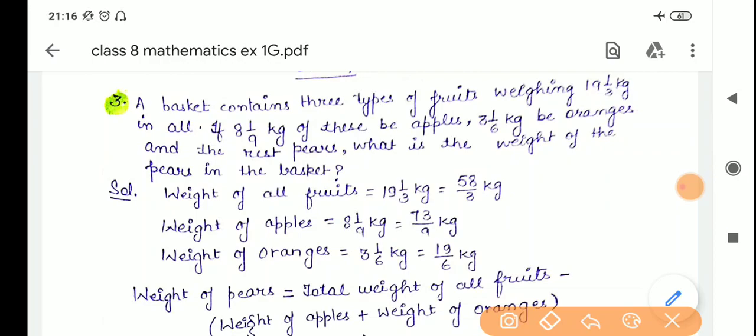If 8 complete 1 by 9 kg of these be apples, 3 complete 1 by 6 kg oranges, and the rest pears. We know the weight of apples and oranges, but we don't know the weight of pears. So the question is, what is the weight of pears in the basket?